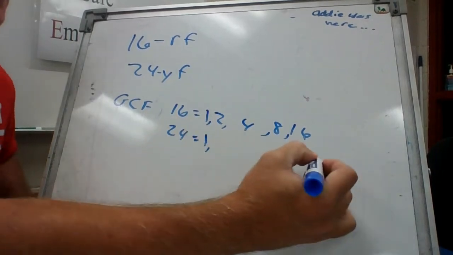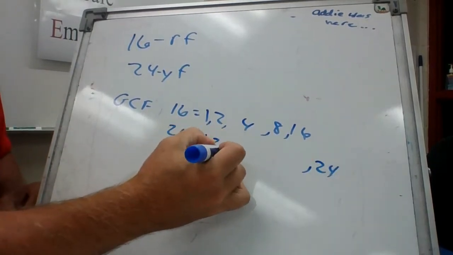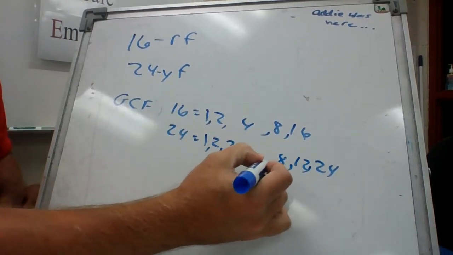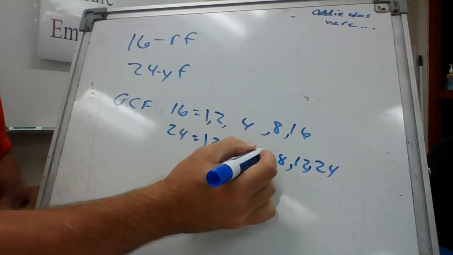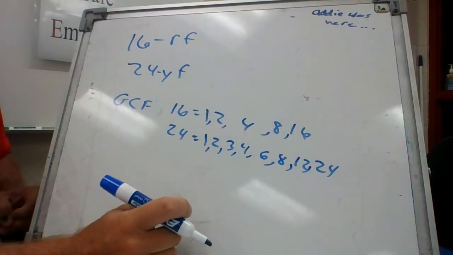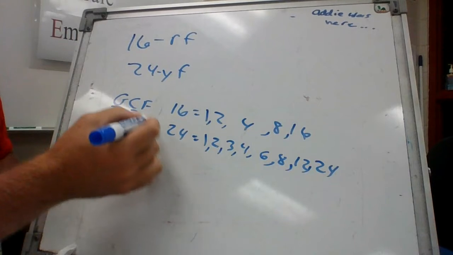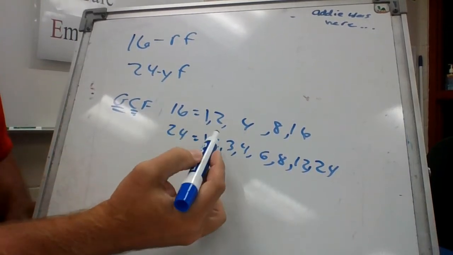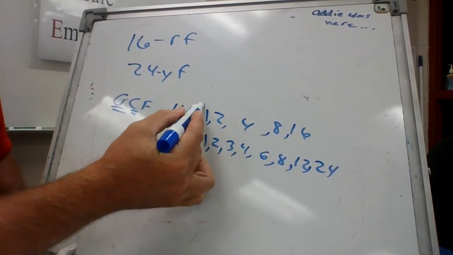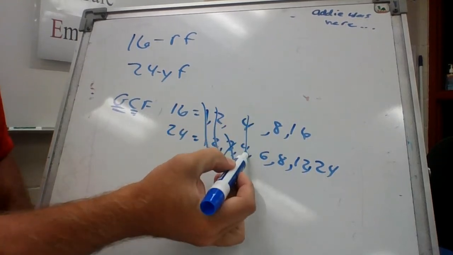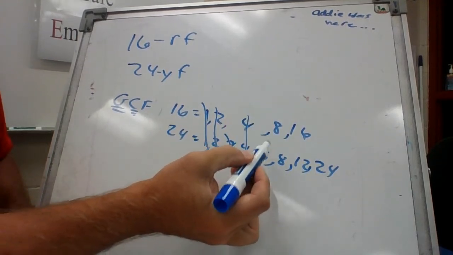For 24, 1, 24, 2, 12, 3 times 8, 4 times 6, 5 won't go. We want the biggest number common to both of them. There's the 1s, the 2s, there's no 3s. You got 4, you got 8.